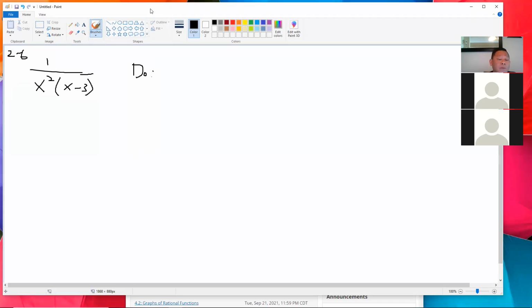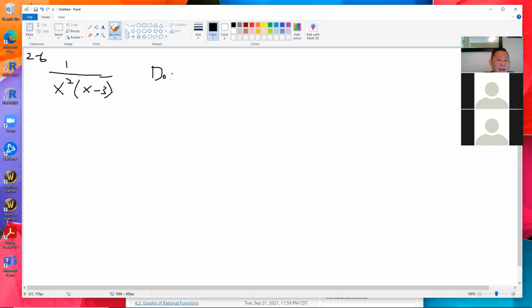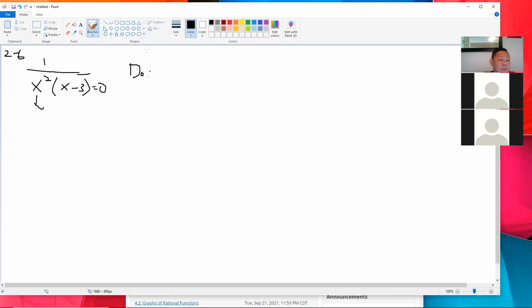In order for us to figure out the domain here, you cannot have this equal to 0. So in this case, you get x equals 0, and in this case, x equals 3. So that means your domain is all real numbers where x cannot be 0 and x cannot be 3.